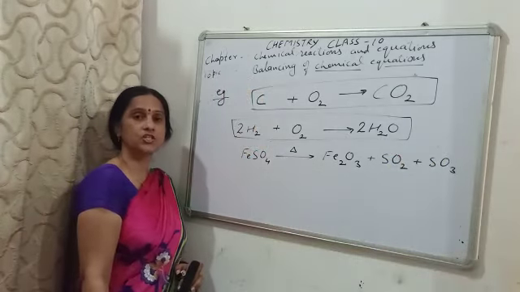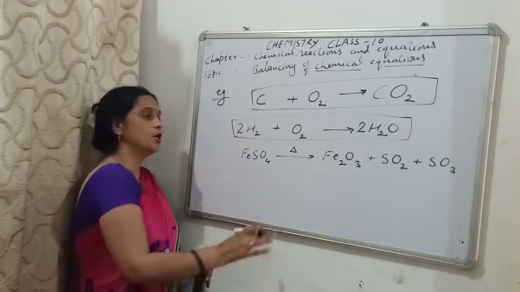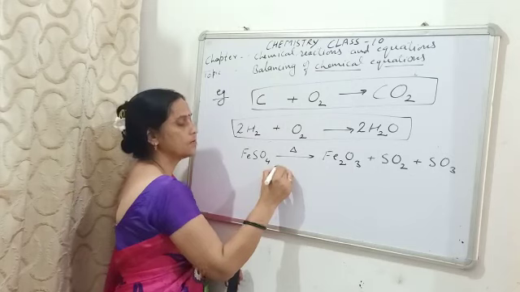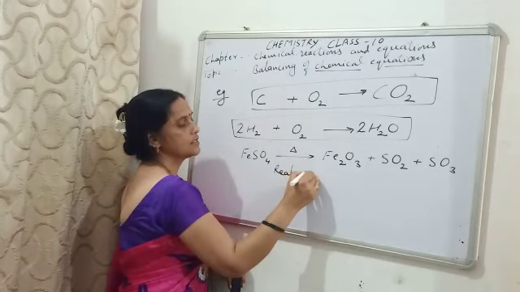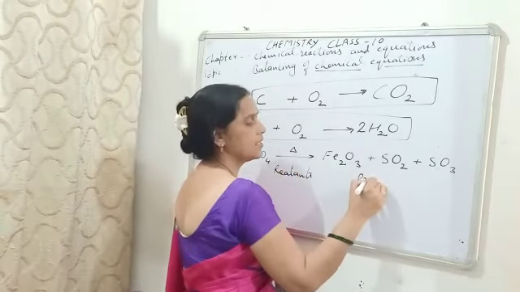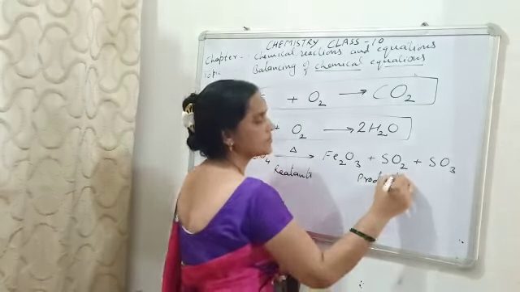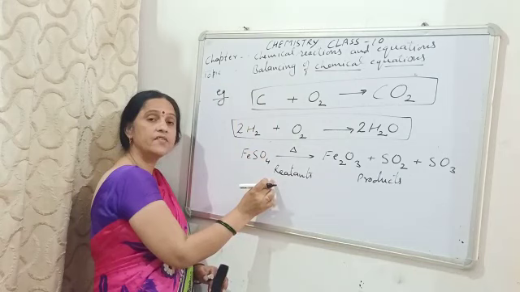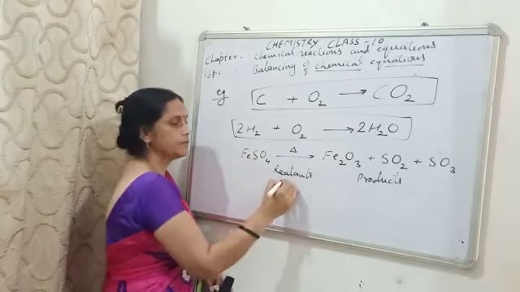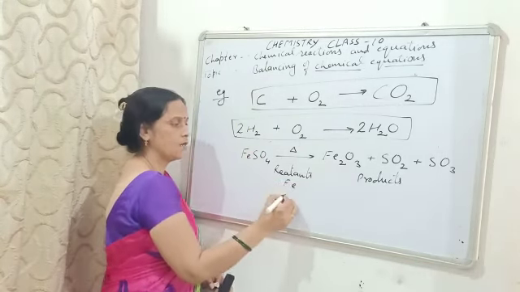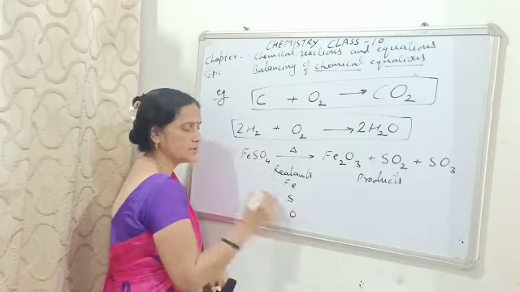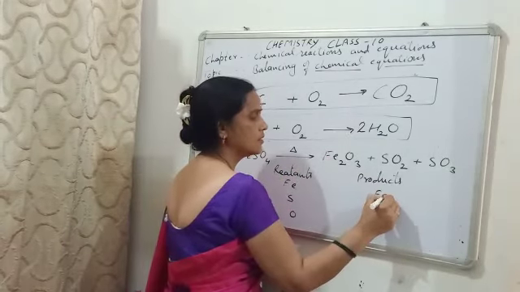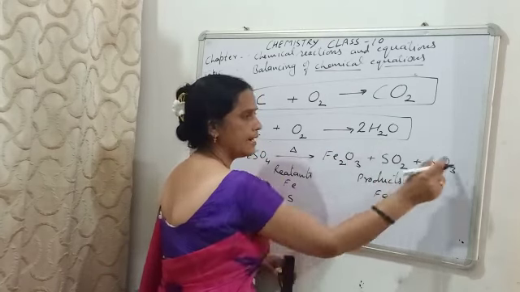It is a reaction equation. To balance this equation, first take two columns. One column is of reactants and the second column is of products. On the reactant side, write down the different elements: iron, sulfur and oxygen. On the product side, iron, sulfur and oxygen.